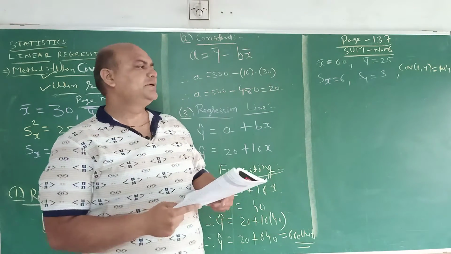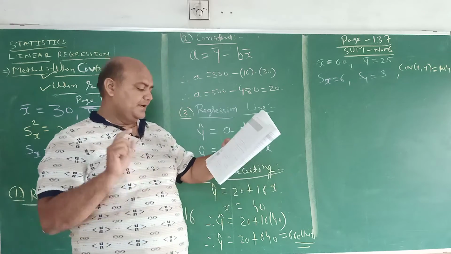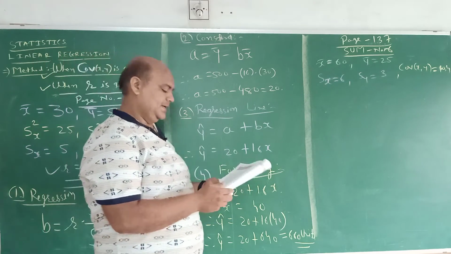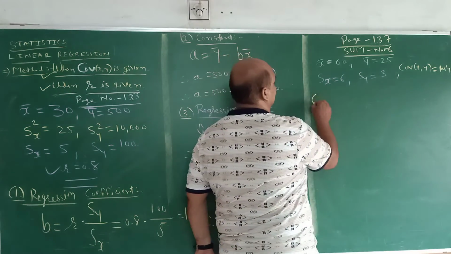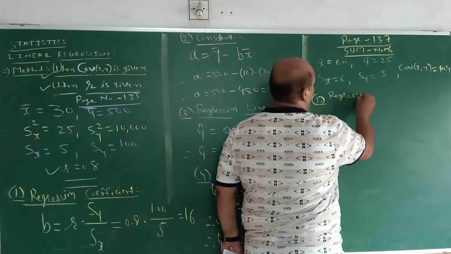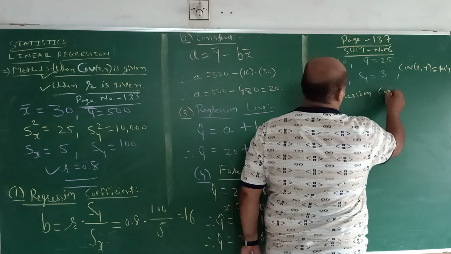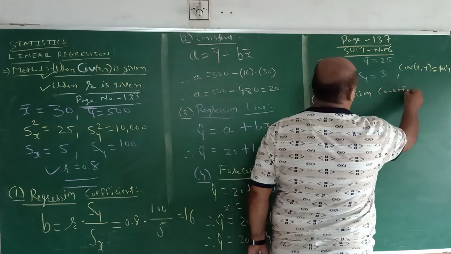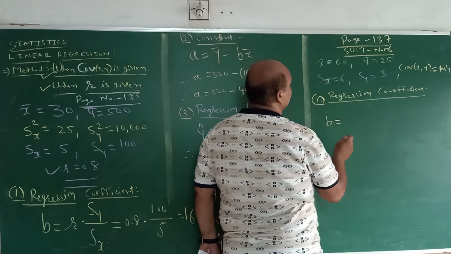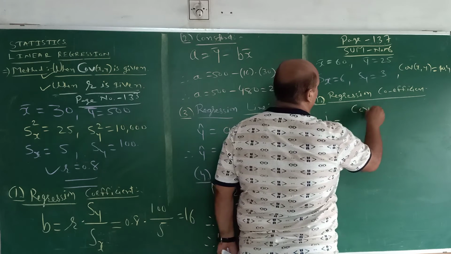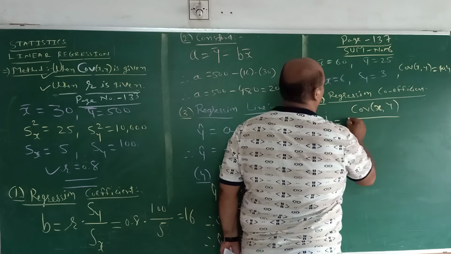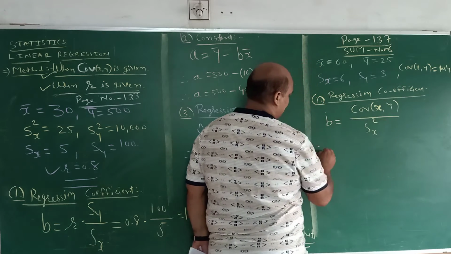The first step, my dear friends, is the regression coefficient, that is denoted by B. The formula is covariance xy upon Sx square.